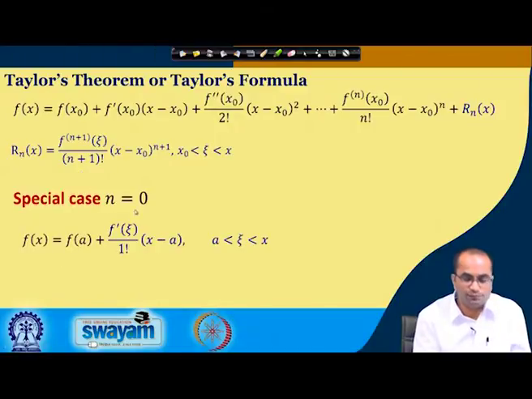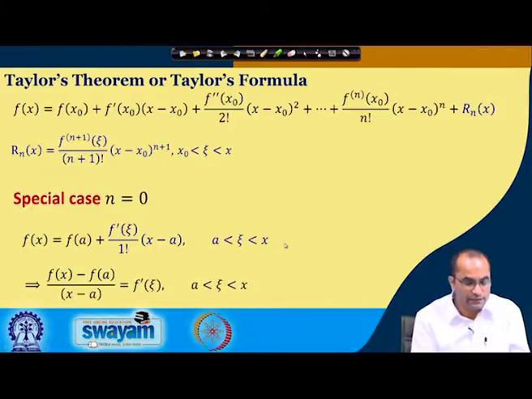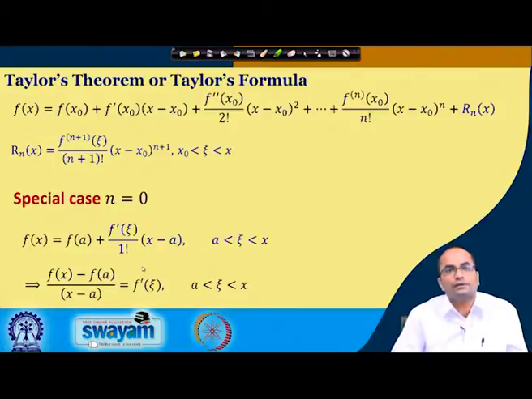So we get f prime(xi) divided by factorial 1, times (x minus a), or x_0, whichever we consider. Then xi lies between a and x, and in this case we get the form of Taylor's theorem which is the Lagrange form of the mean value theorem.